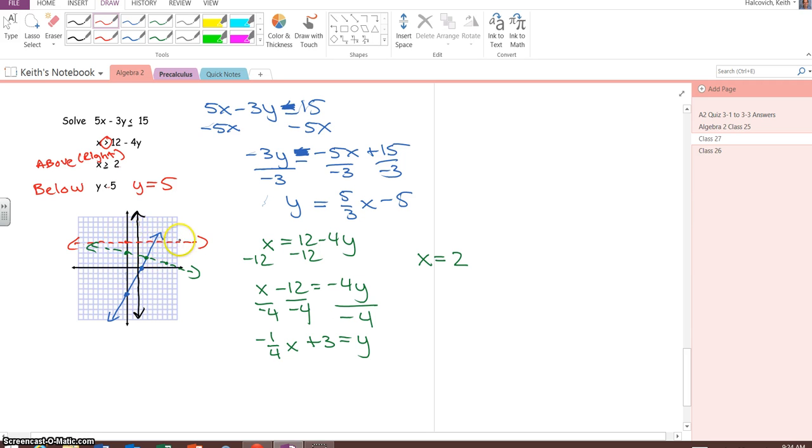So it's up here. And less than means below. So less than this blue line would mean below. So basically the only place where they intersect would be this little wedge right here, where the shading would intersect, that place right there.